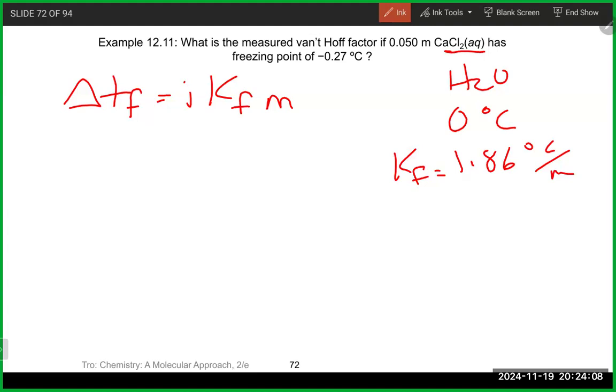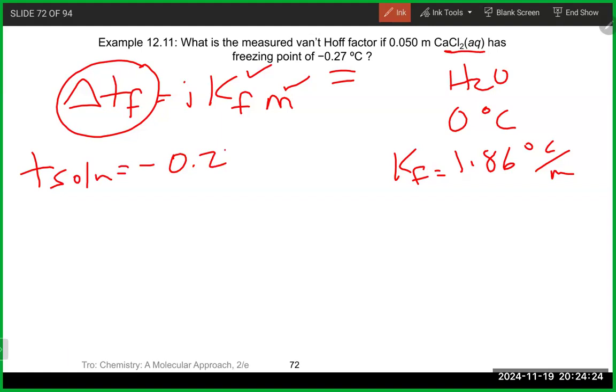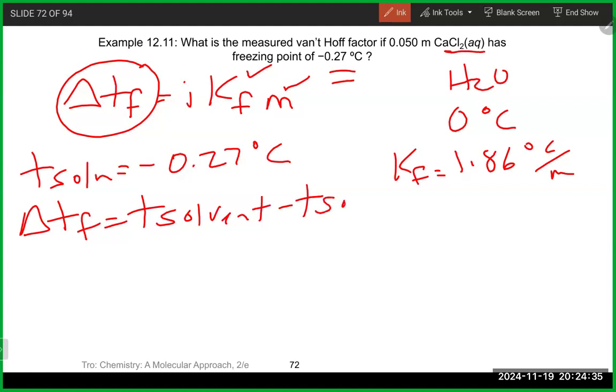In this case, we are given the molality. We have the Kf. We could also find our change in freezing point temperature. Remember that what they gave us here is the temperature of the solution where it freezes at minus 0.27 degrees Celsius. So once again, the change in freezing point temperature is the temperature of the solvent minus the temperature of the solution. So that would give us our solvent is 0 degrees Celsius minus 0.27 degrees Celsius.